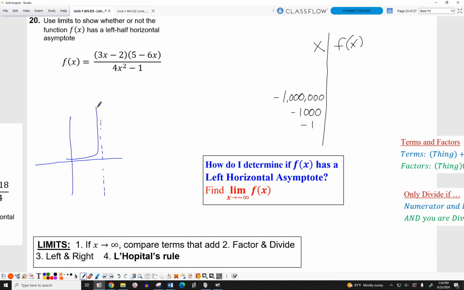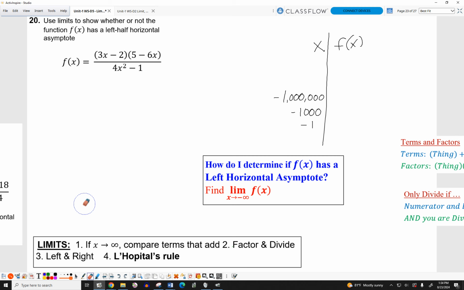A horizontal asymptote is different. A horizontal asymptote is simply the answer to a limit as x approaches infinity. There's no other part of the definition. You go find that limit, and if it's a finite number, then you have identified the existence of a horizontal asymptote.